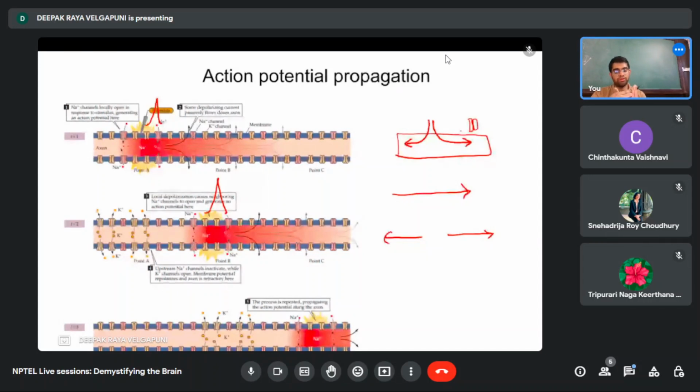Therefore, even though the current travels in both directions, the action potential is generated only in the forward direction, not in the backward direction.